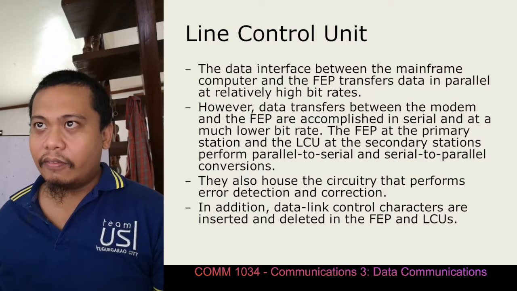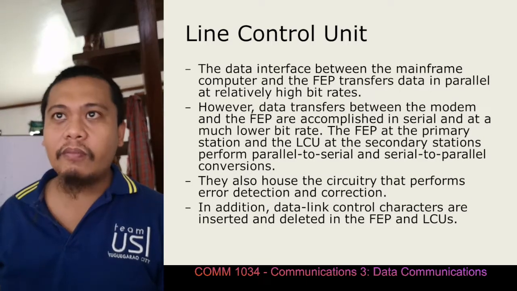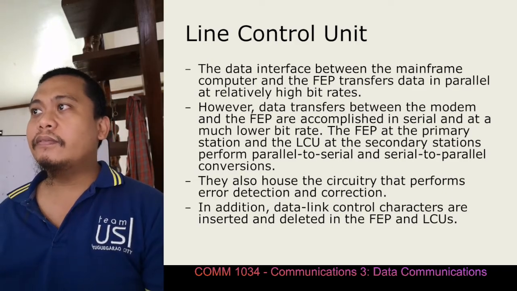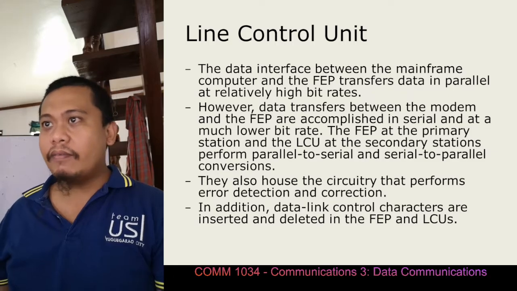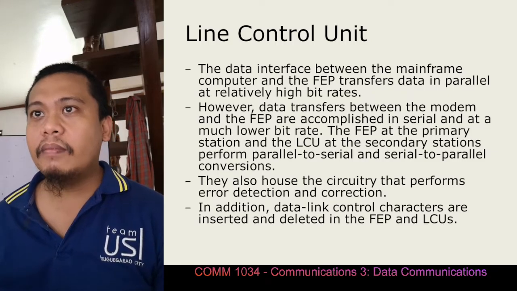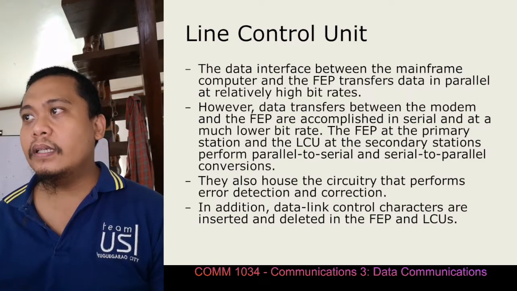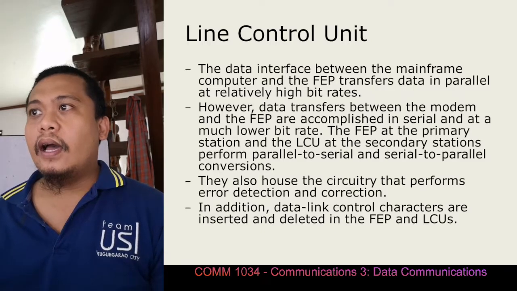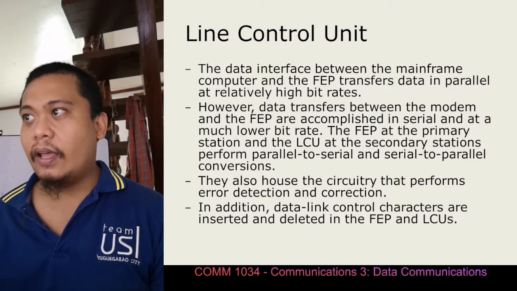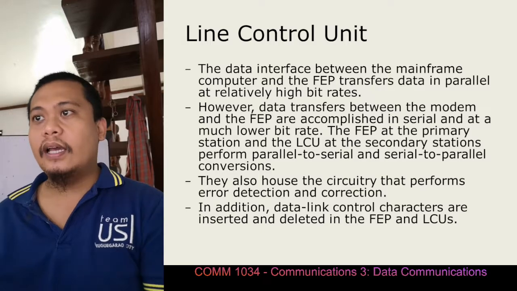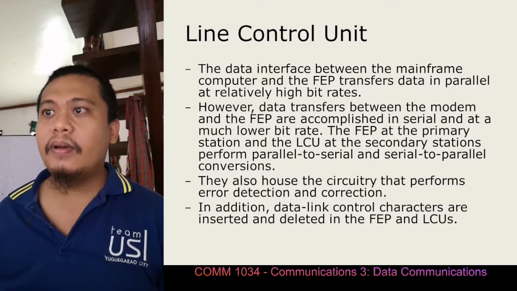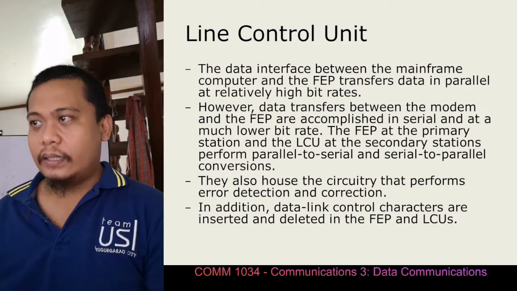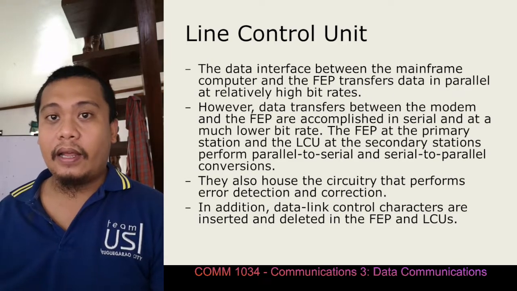So the data interface between the mainframe computer and the FEP transfers data in parallel at relatively high bit rates. However, the data transfer between modem and the FEP are accomplished in serial at a much lower bit rate. So the FEP at the primary station and the LCU at the secondary station perform parallel to serial or serial to parallel conversion.